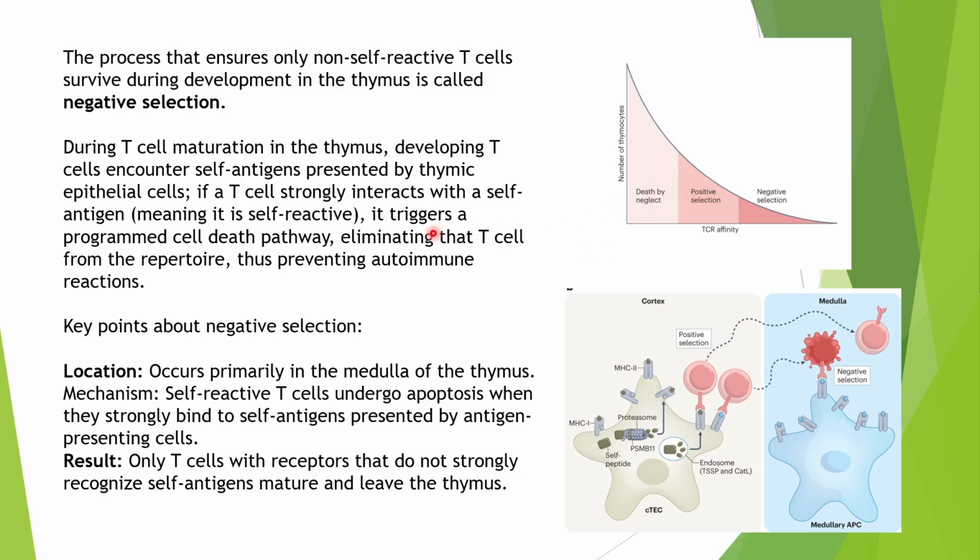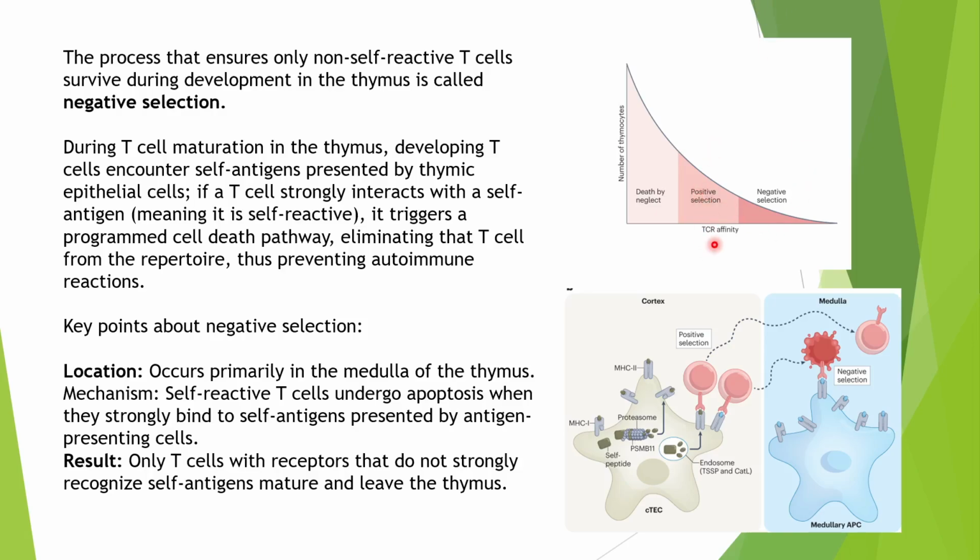In positive selection, you should also remember that the cells which do not recognize your own cells as self cells, even those cells have to be discarded, because every immune cell in your body has to recognize your self cells. If it doesn't have the T cell receptors to recognize your self cells, even that can be harmful.